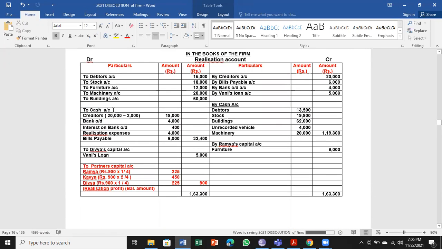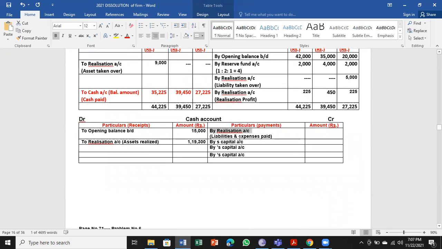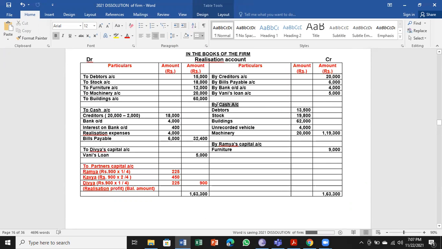We have one more cash entry for liabilities and expenses paid. We have paid 3 liabilities and 1 expense. That value we will take to the opposite side, by realization account, liabilities and expenses paid, amount 32,400. So we had 2 entries, one by cash, one to cash, that we have transferred.